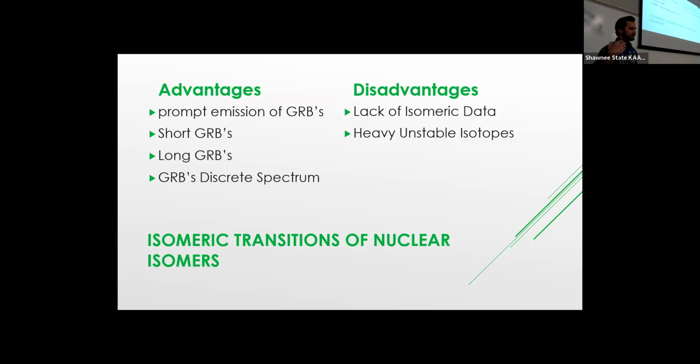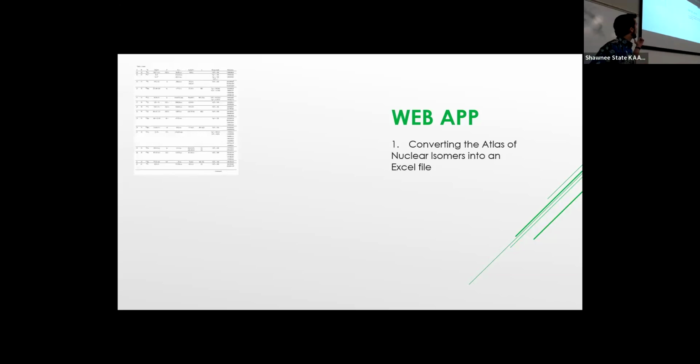And so now, how are we going to gather all of this isomeric data, this experimental isomeric data into one place so that we can sort through it and try to make estimates? And so the first step is to make a web app. And so we're going to convert the Atlas of Nuclear Isomers, which is the collection of all isomeric data, into an Excel file because at the moment it is in a PDF.